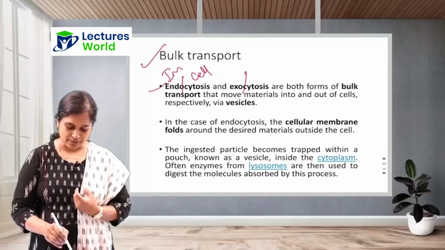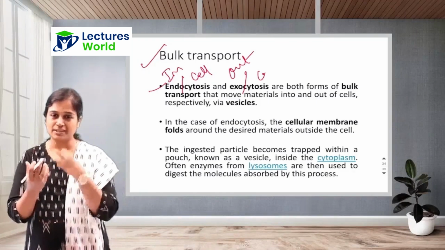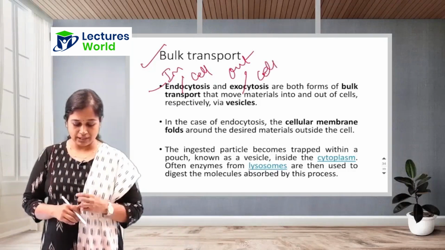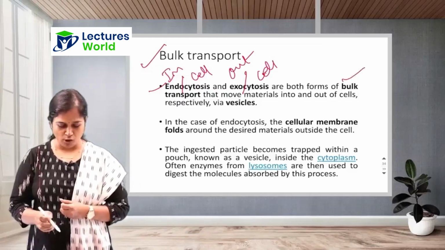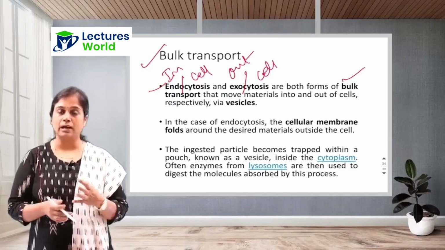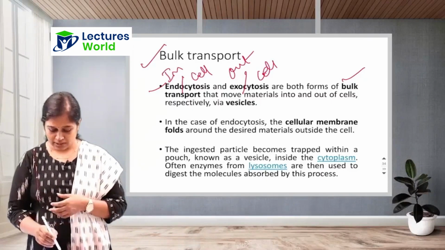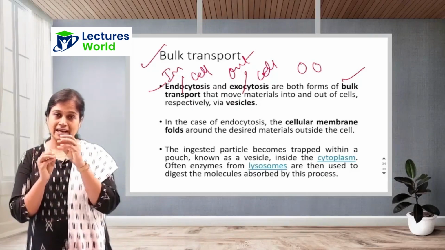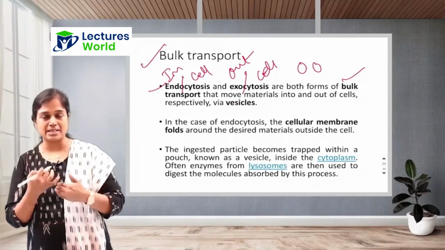And exocytosis, exo means outside of the cell, and cytosis is the process through which the molecules move. So endocytosis and exocytosis are both forms of bulk transport, and they move material into and out of the cells respectively via vesicles. These are small vesicles which carry the substances and expel them out of the cell or bring them inside the cell.